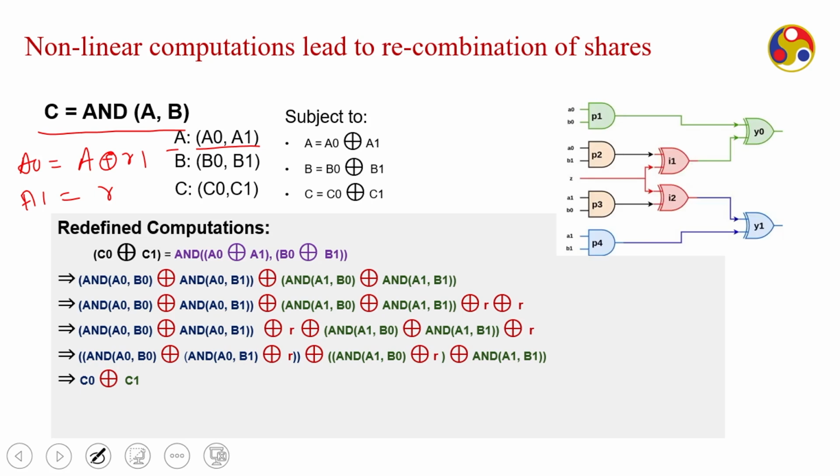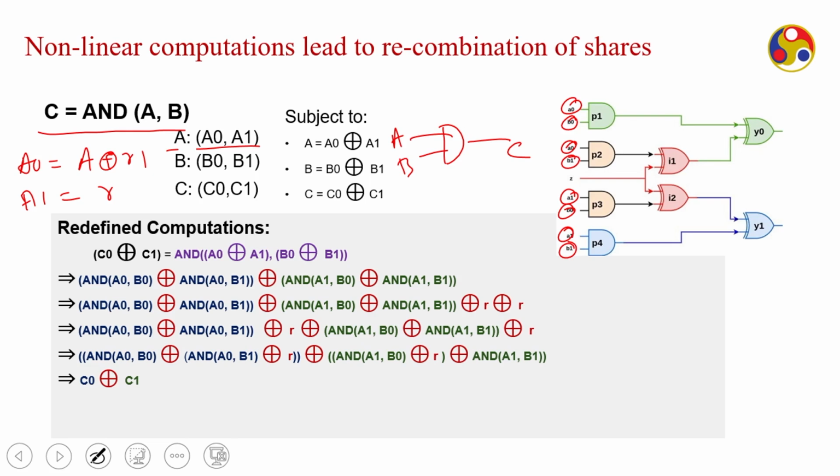You do not need to go into all the detail, effectively now one AND gate will become this. So, earlier you had A, B and C, now this is my AND operation, because I have shares A0B0, A0B1, A1B0, A1B1, right. These are the 4 terms.